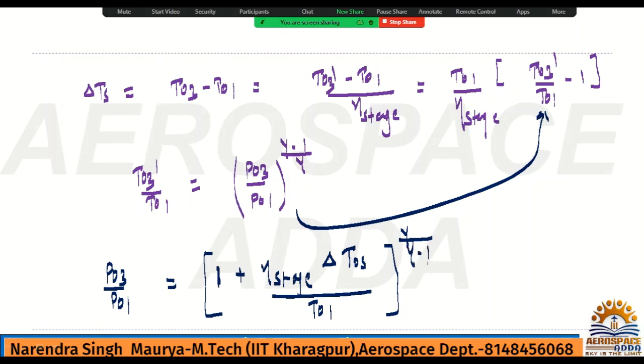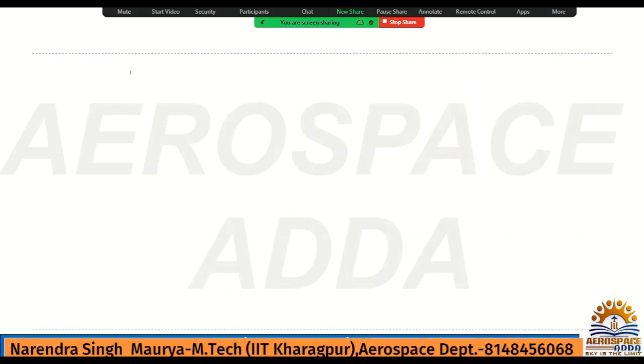This is a very powerful formula, and they have asked it in examination, okay, so there should not be any confusion. This is the value. This P03 by P01 is also called Rp. Rp is the pressure ratio.